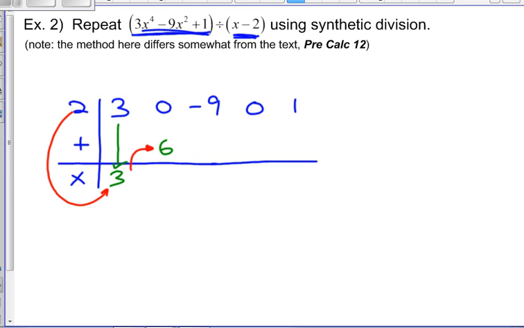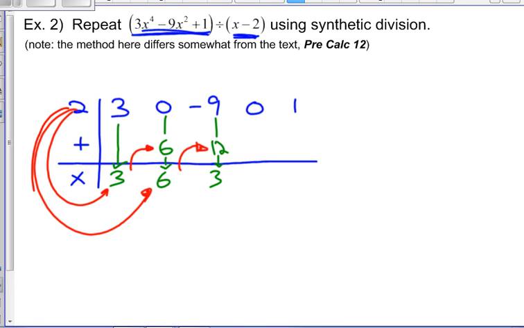Okay, and now we add 0 plus 6. Gives us 6. Now we're going to go and multiply 2 times 6. And we put it over here. That's 12. And we add. Negative 9 plus 12 is 3. Again, multiply.